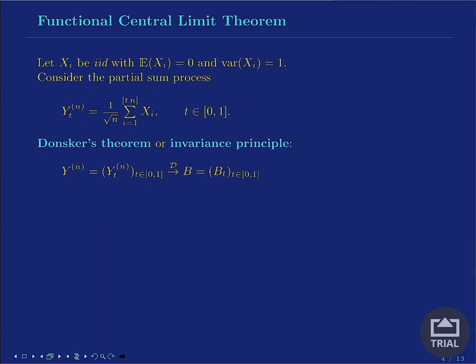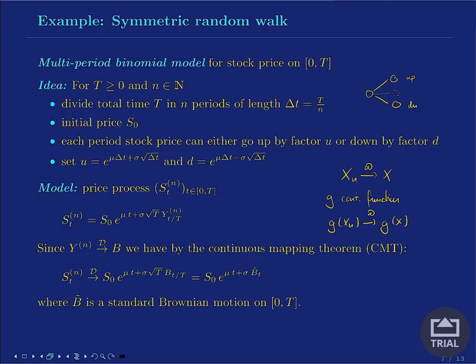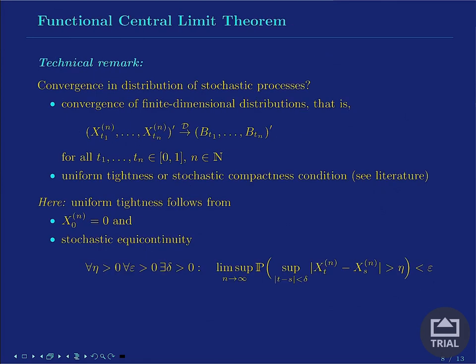Actually, it's not as simple, so definitely the convergence of finite dimensional distributions is necessary, but it's not sufficient. We additionally need conditions that are called uniform tightness or stochastic compactness that are certainly beyond the level of this course.